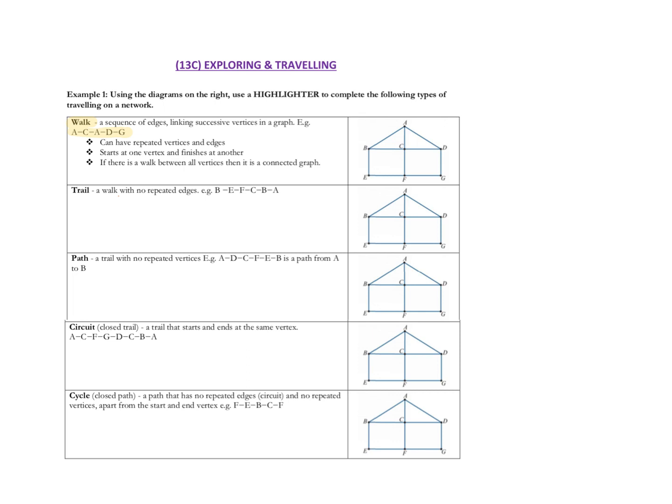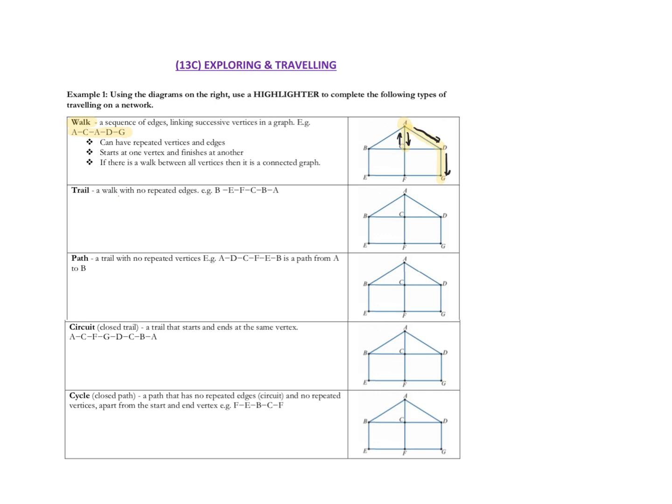So what they're saying there is that I'm going to start at A and go along the edge to C, and then I've gone back to A. You might put some arrows in there as well because it's gone back on itself. And then from A, we've gone to D, and then from D, we've gone to G. A walk can have repeated vertices.